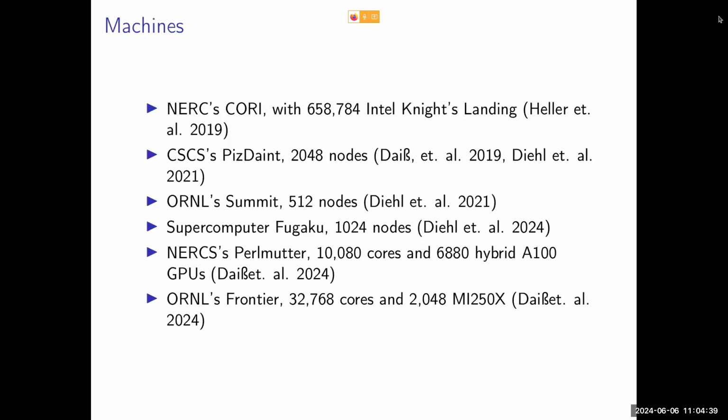He asked if you want to use HPX with GPUs, you have to use Kokkos. Those capabilities were added later, but we're first using it.